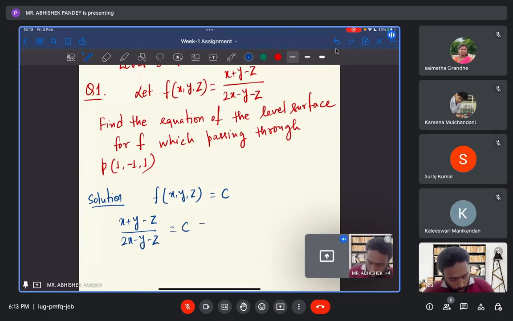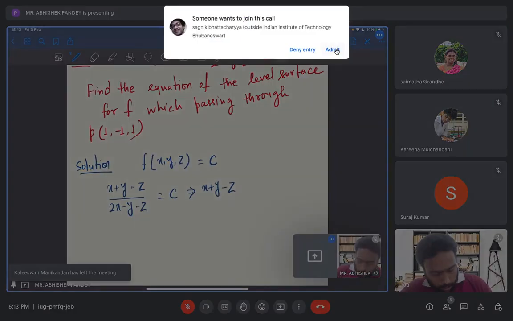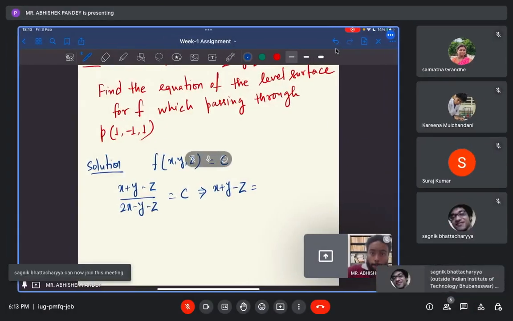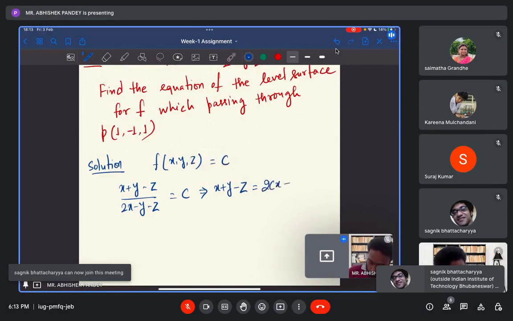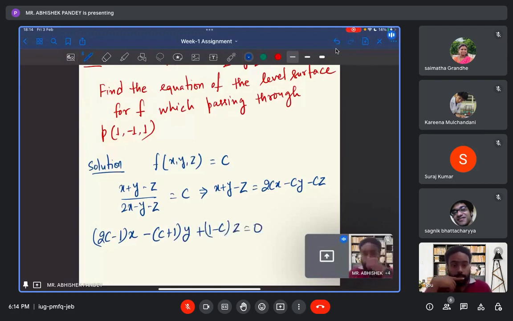This implies x plus y minus z is equal to 2cx minus cy minus cz. So this will give you (2c minus 1) x minus (c plus 1) y plus (1 minus c) z is equal to 0. This is the equation of the level surface.